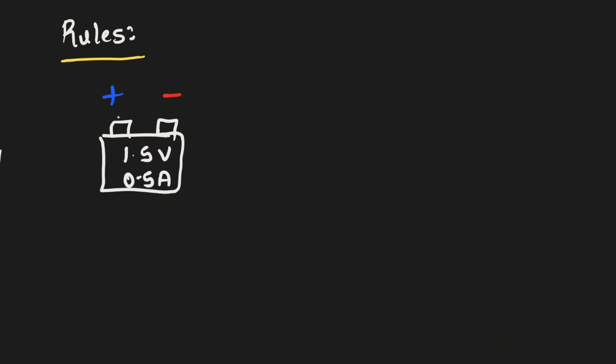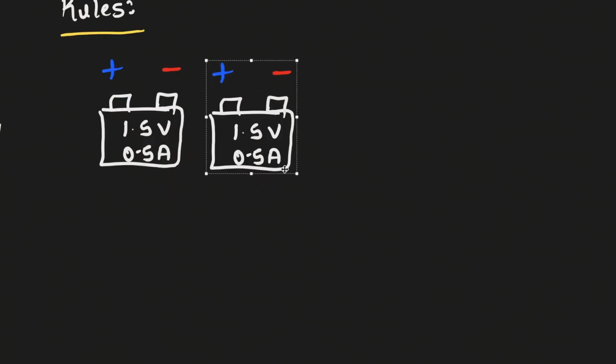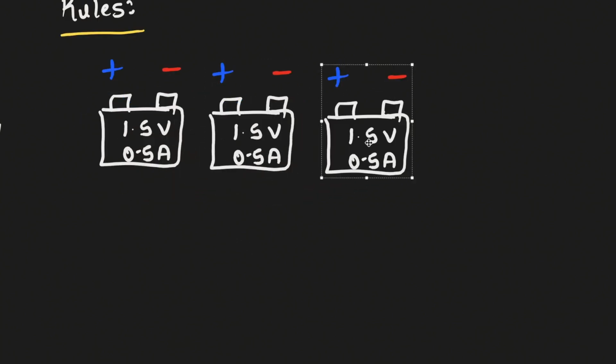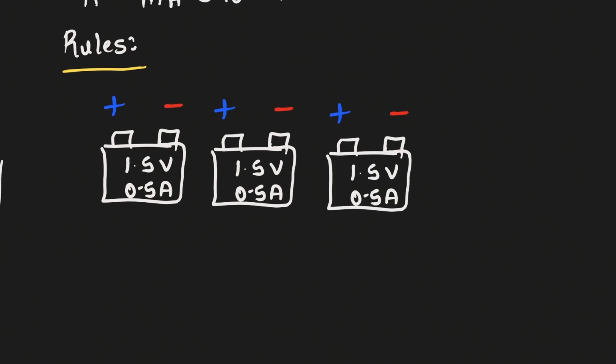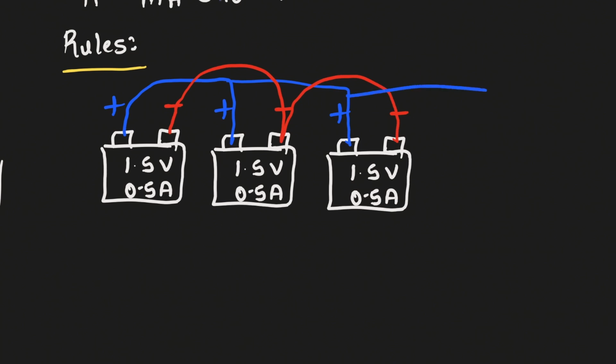If you connect these batteries in parallel, the positive will connect to positive, then the negative will connect to negative. Then you have your outputs. This is positive and this is negative.